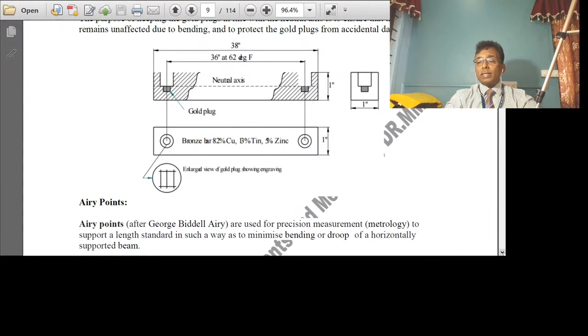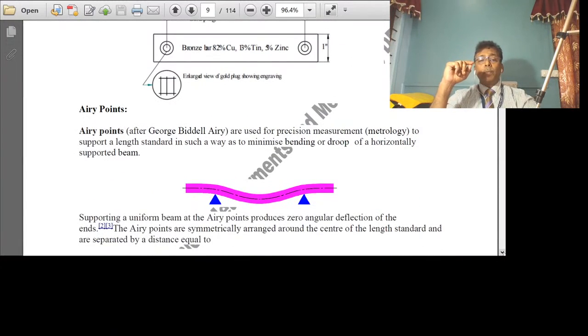And there are what are called Airy points. These are Airy points. There is a question somewhere, I remember, what are Airy points? This is also in your viva questions or somewhere in the practical examinations. What are Airy points? They are used in precision measurement, metrology, to support a standard length in such a way that the minimum bending or droop of a horizontally supported beam occurs.